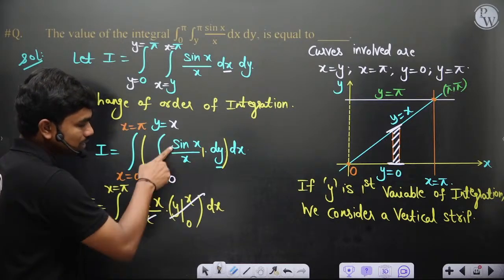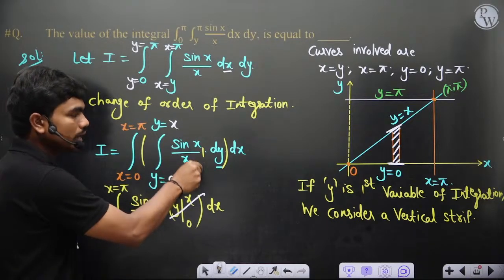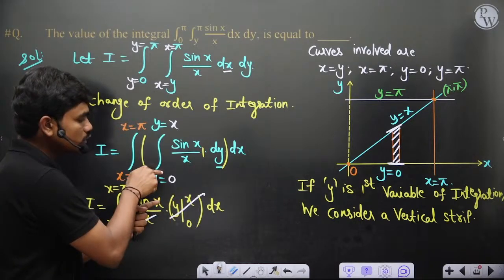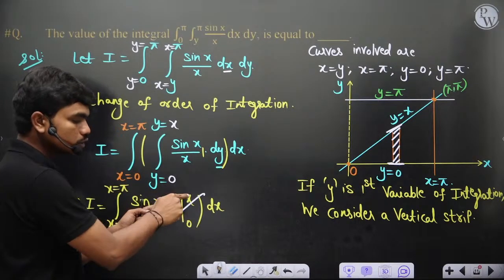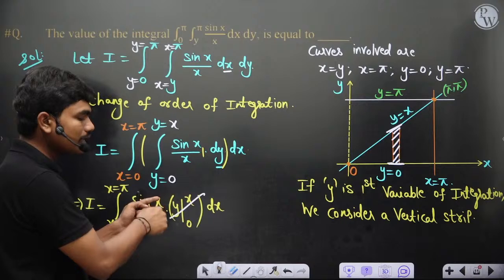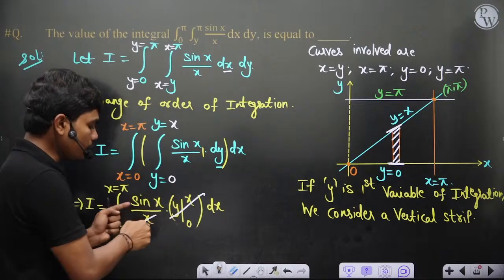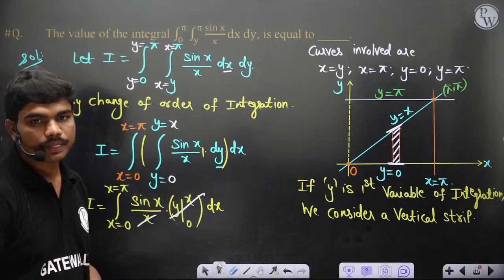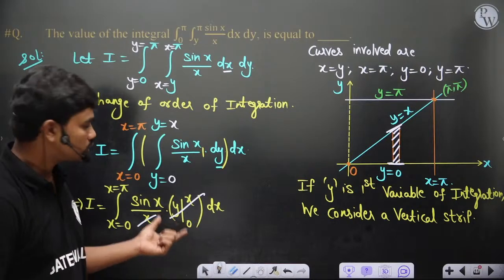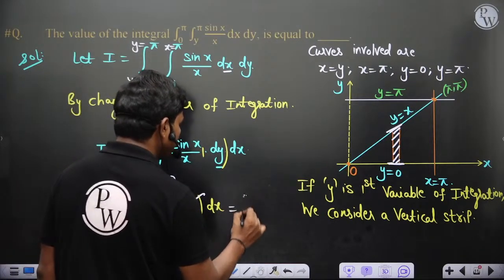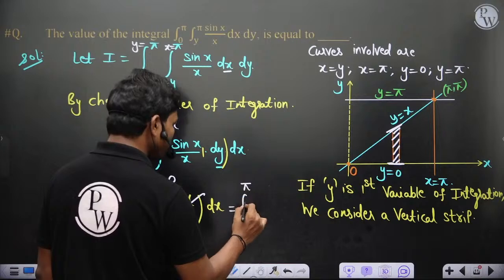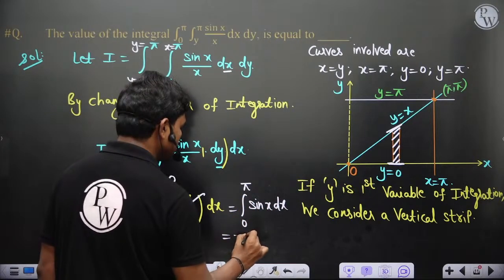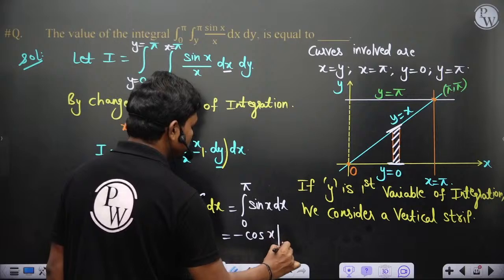Normally sin x by x is a constant when you are integrating with respect to y. Integration of 1 is y, but the limits are 0 to x, so substituting gives x minus 0, which is x, and this x gets cancelled. So this integral gets converted to integral 0 to pi sin x dx, which is minus cos x within the limits 0 to pi.